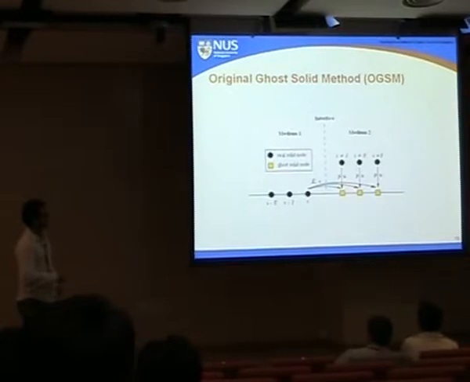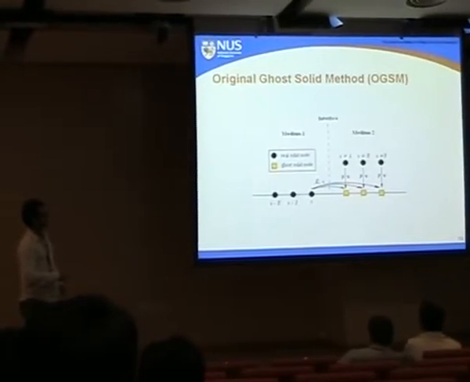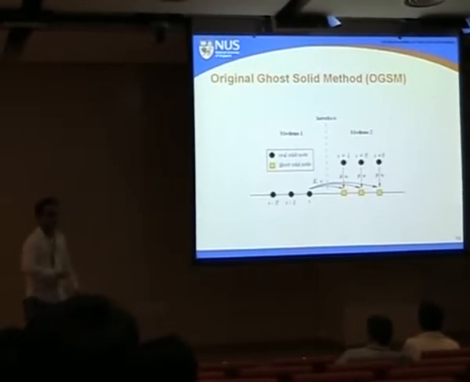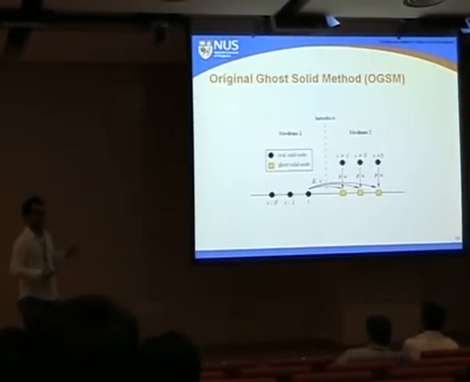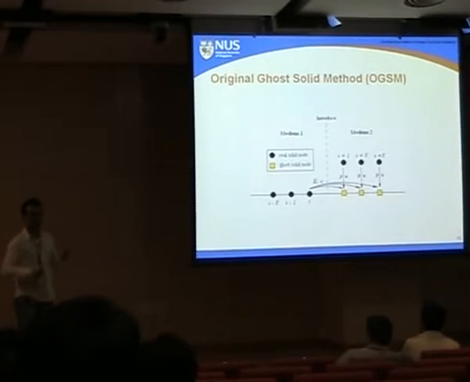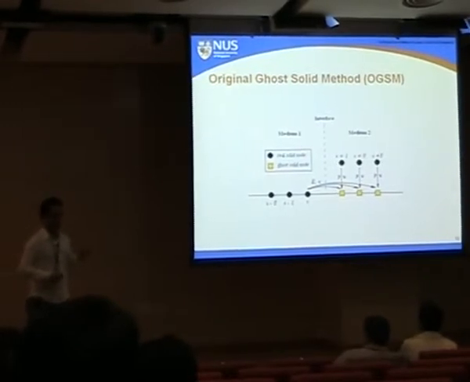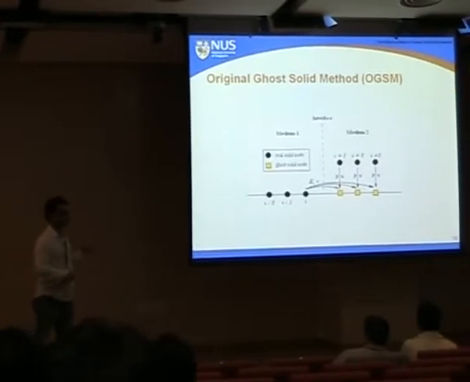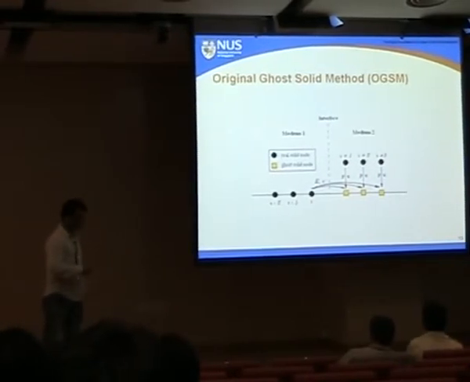And then I solve for medium 1. I do the same thing for medium 2, instead with ghost nodes on the left-hand side. So I solve with a single medium solver just two times for each time step, one for medium 1, one for medium 2. I don't change the code at all. I just define these ghost nodes.